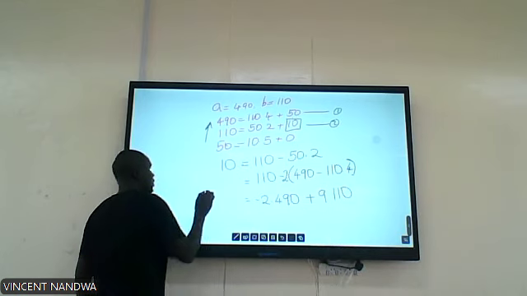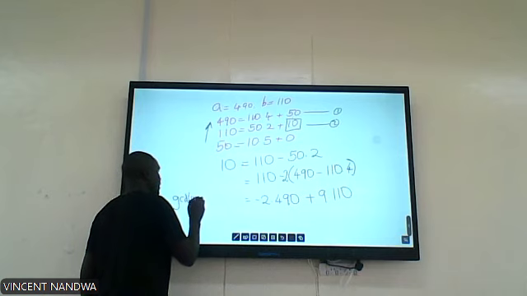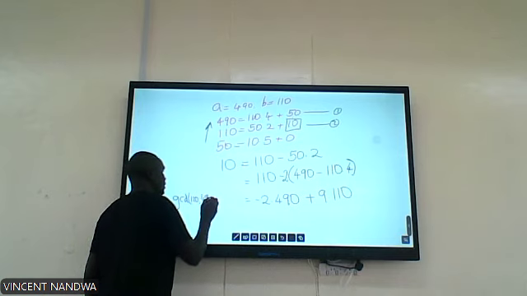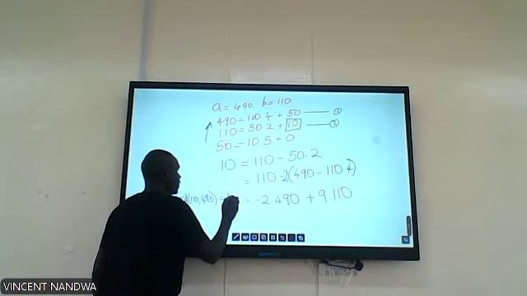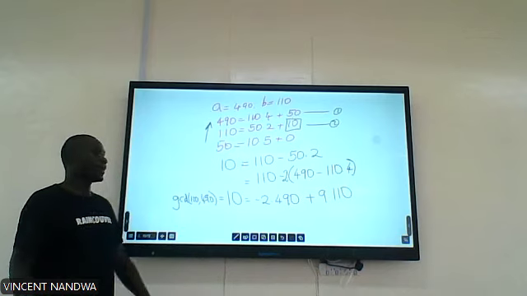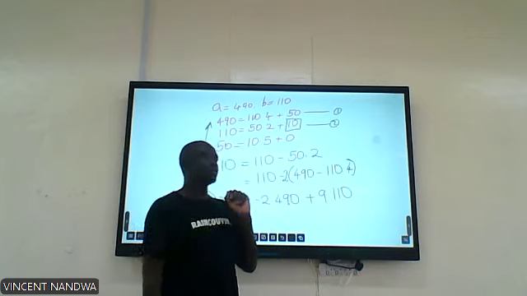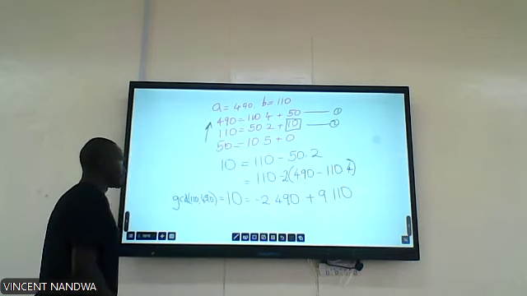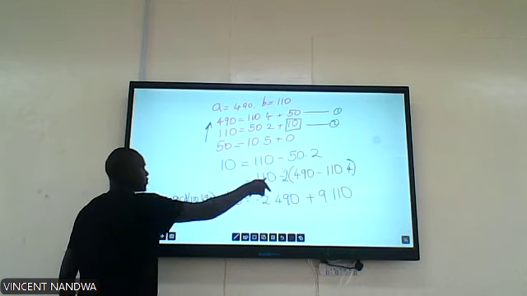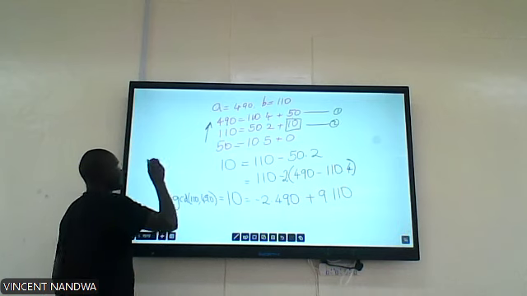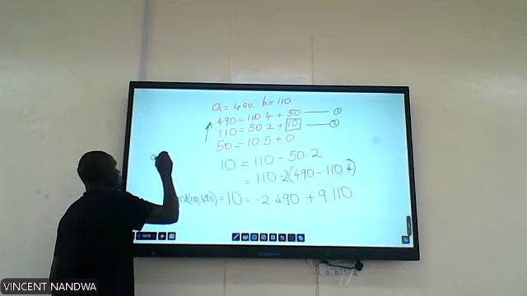Therefore, the GCD of 110 and 490, which is 10, is given by minus 2 times 490 plus 9 times 110. Can you confirm that? What is minus 2 times 490? Minus 980.